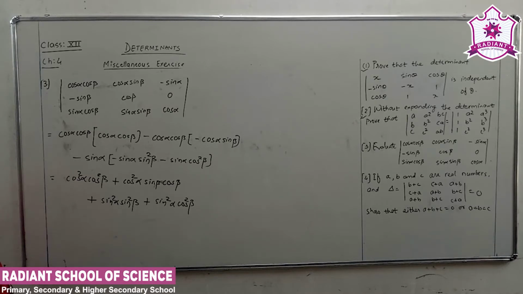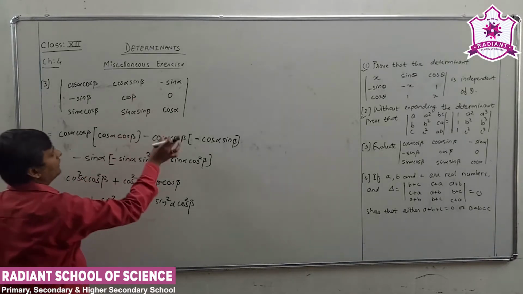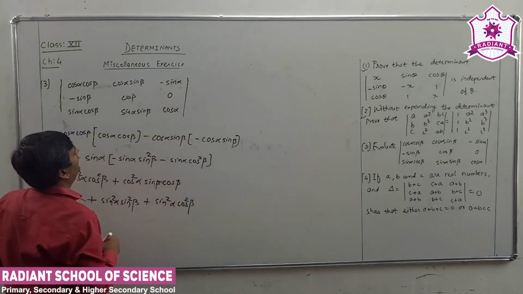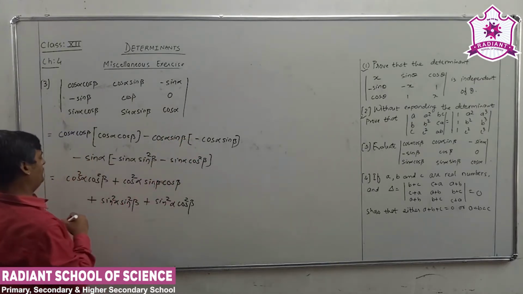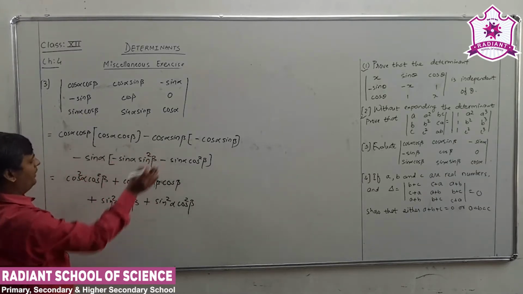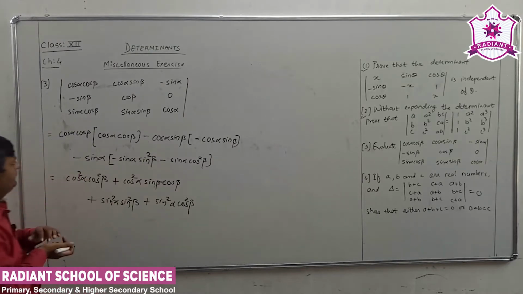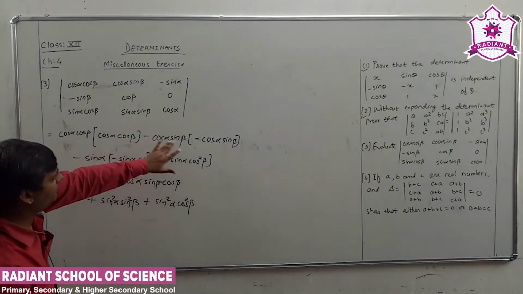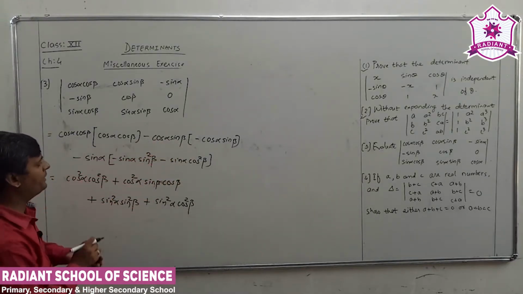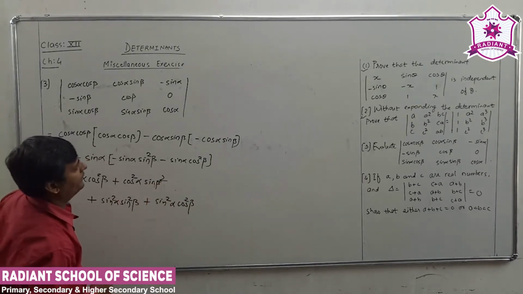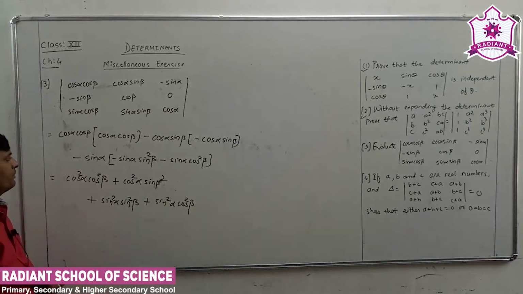Again check this. This one cos alpha, that means sin beta. So expand for sin alpha. So see here. First is clear: cos square alpha and sin square beta. Minus minus plus.